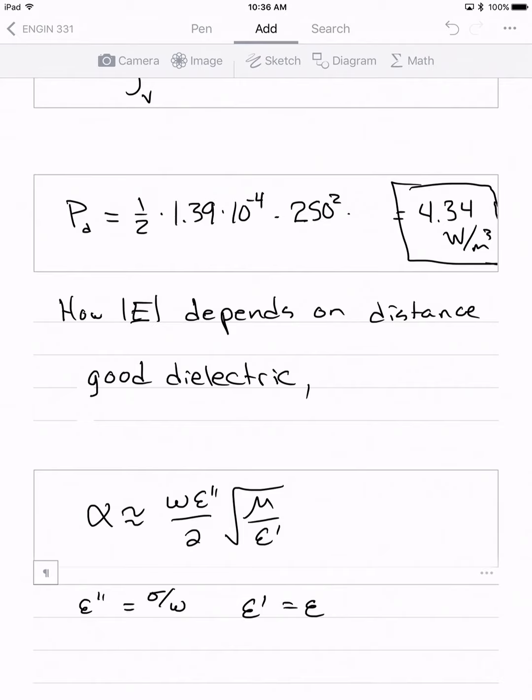So then it's more correct to account for it in terms of a complex epsilon. You still get loss, but it's not really a conduction current, so conductivity is the wrong material parameter to use for that. In any case, in our situation, this alpha expression turns into sigma over 2 square root of mu over epsilon, or epsilon naught epsilon r.